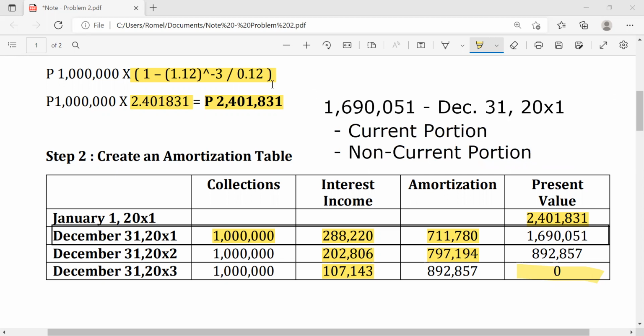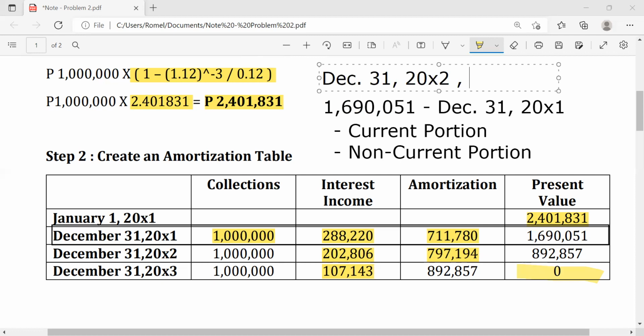Why is this important? Kasi remember, yung 1,690,051, there is a part here that will be due on December 31, 20x2.